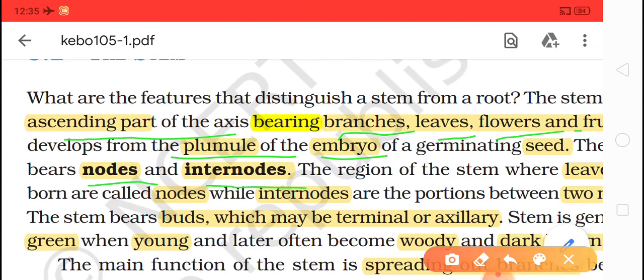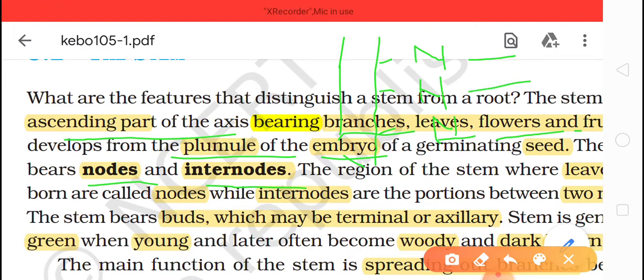For example, this is a stem. At different distances or positions, it bears nodes. And from these nodes the leaves originate. The nodes found on the stem develop the leaves. The distance between two nodes is called the internode. Clear?